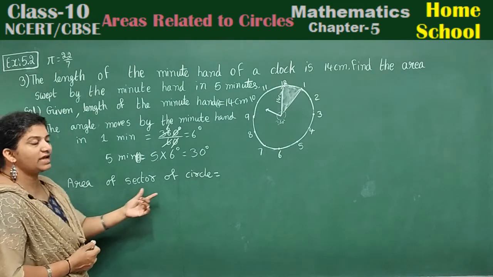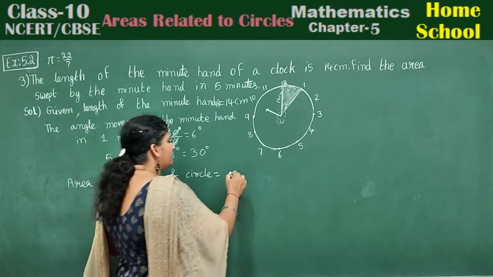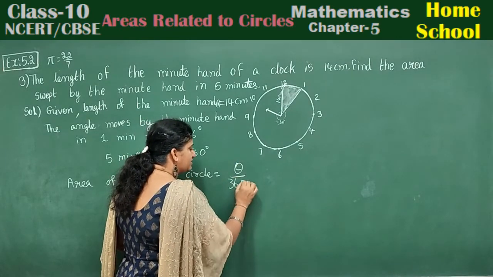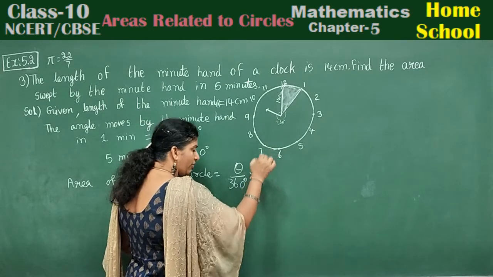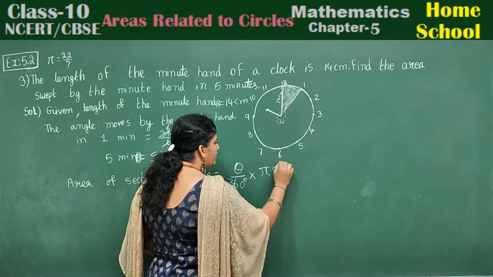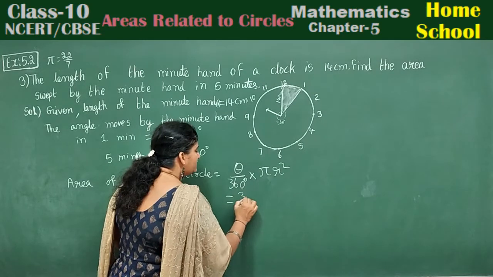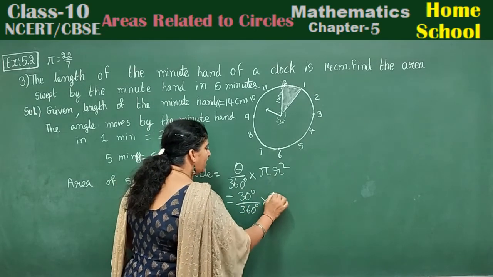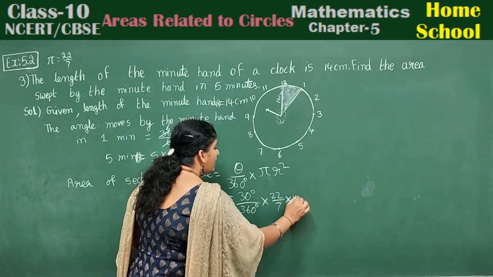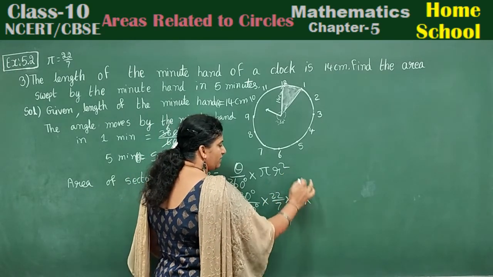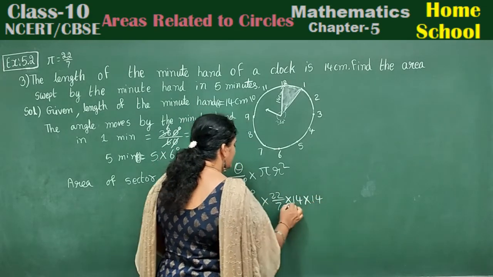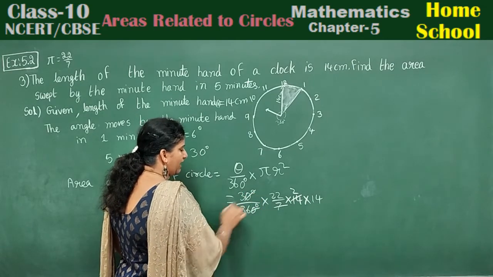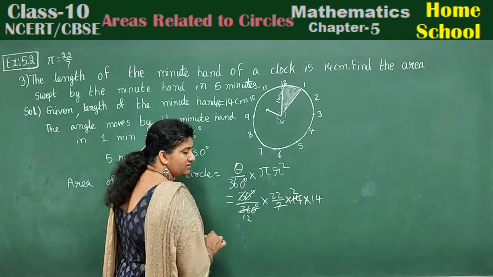Area of a sector of a circle. What is the formula? Theta by 360 degree into pi r square, we should remember, when we talk about area. Theta angle is 30 degree by 360 degree into pi value is 22 by 7, r value is 14, r square means 2 times you need to multiply. 7 2s are 14, and here 0 0 cancel, 3 12s are.